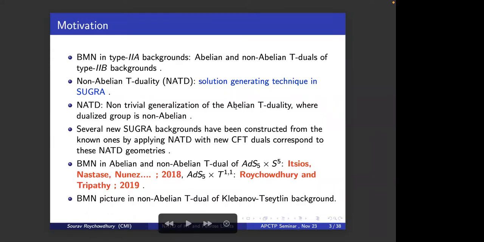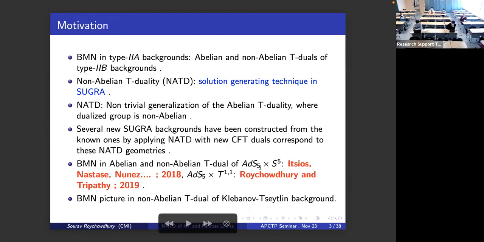In the present work, we considered the Klebanov-Tseytlin background, which admits some non-abelian isometry, and the Swansea people have already worked out the non-abelian solution. We examined the pp-wave and BMN limits for our non-abelian T-dual of the Klebanov-Tseytlin background.